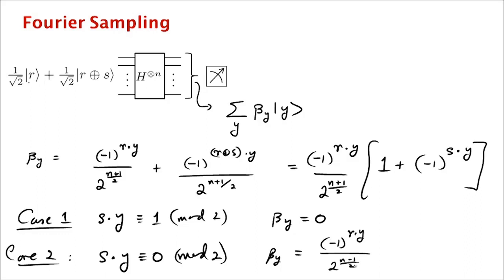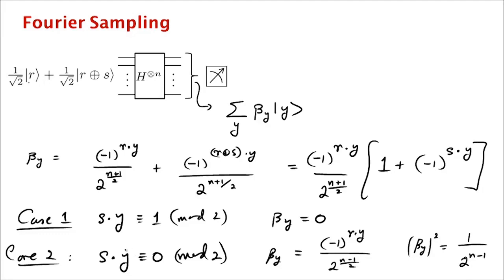So when you sample, you see each such y with amplitude square of this. So beta sub y squared, which is the probability of seeing y, is just 1 over 2 to the n minus 1. So what's this telling us?